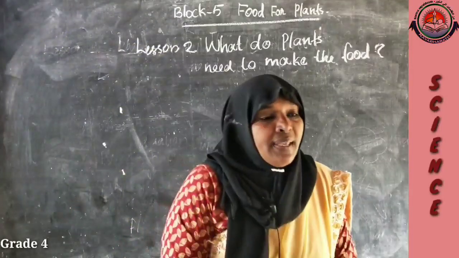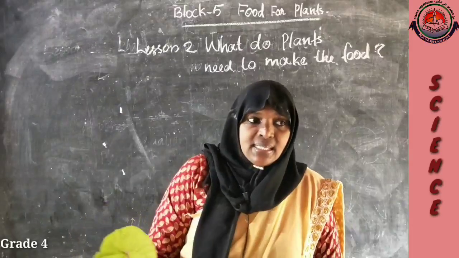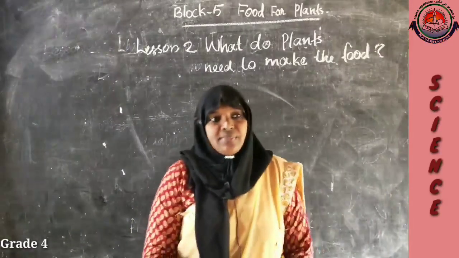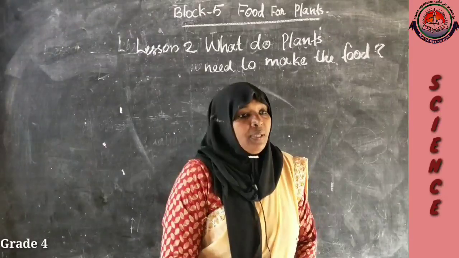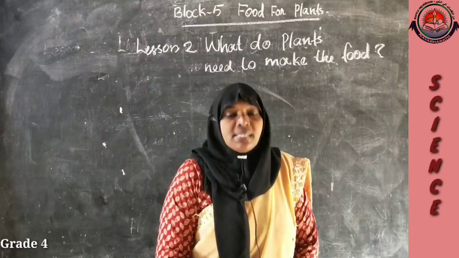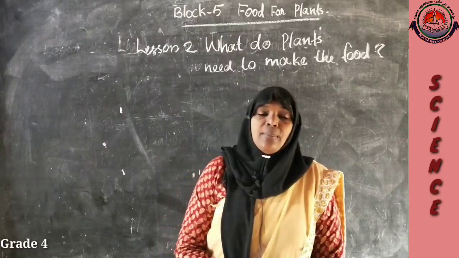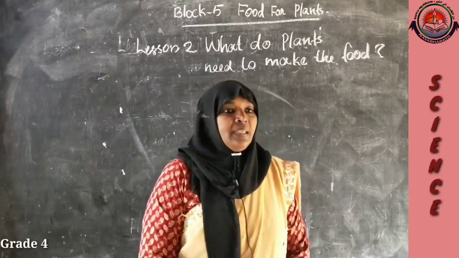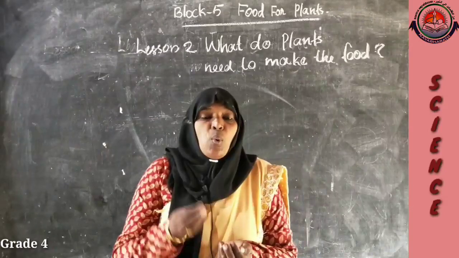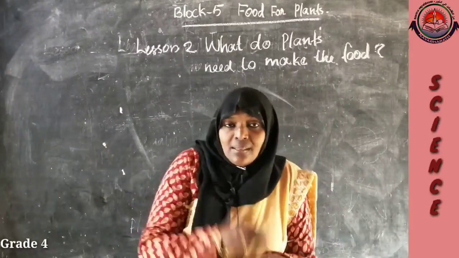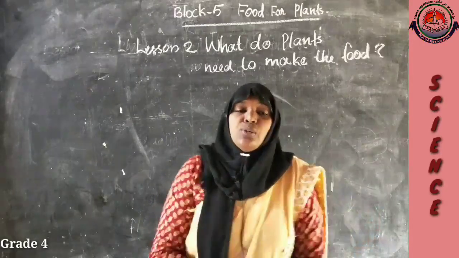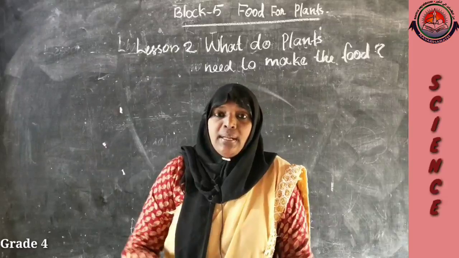So, now we can check this by doing a starch test. The food plants make is in the form of starch. Starch is a type of sugar. When we put some iodine solution on the leaves, if it is starch, the color turns black or dark blue.